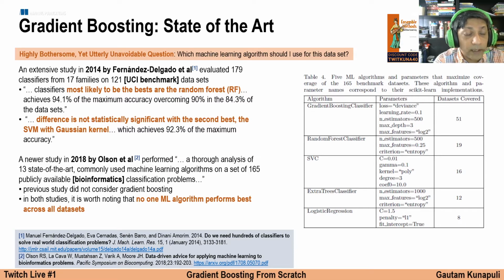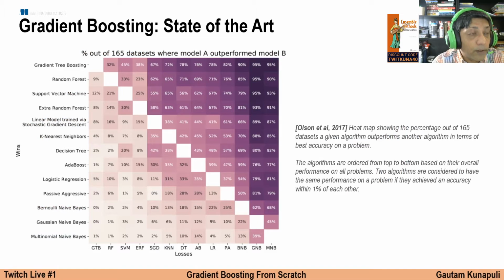Now, more recently in 2018, a study was performed, and in this case, they also threw in gradient boosting classifiers. They compared them pairwise on 165 data sets, and here are the algorithms and the families of algorithms that they compared. So we have gradient tree boosting, random forests, extra random forests.